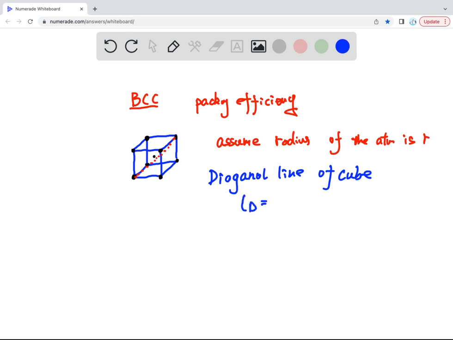Since along the diagonal there are 1, 2, 3 atoms, and the center one is a full atom, and the corner ones are only 1/2 of an atom. That means the length of the diagonal line should be 2r plus r plus r, so it equals 4r.